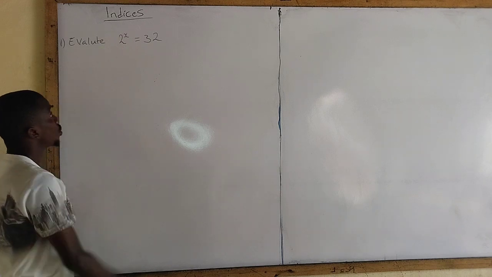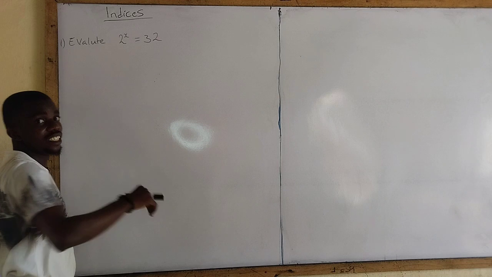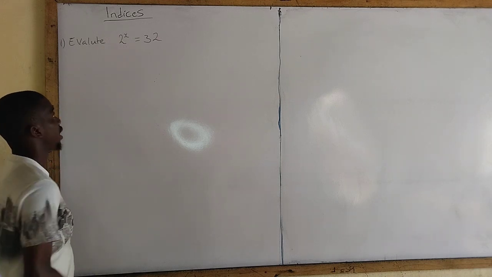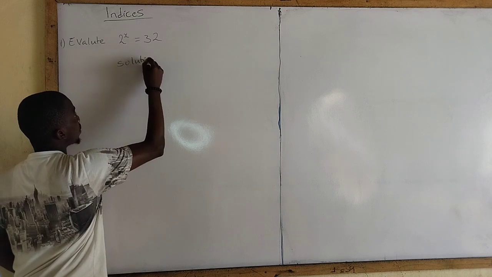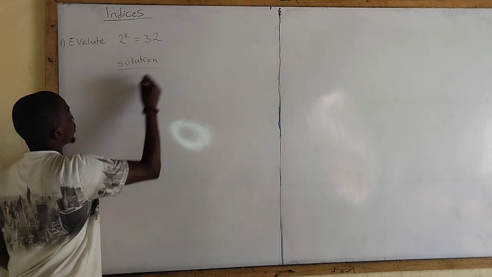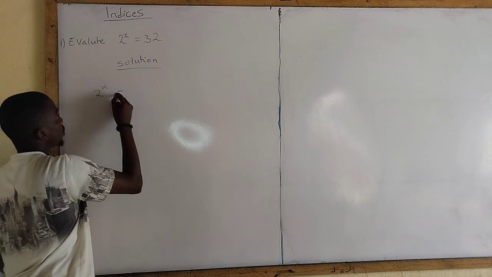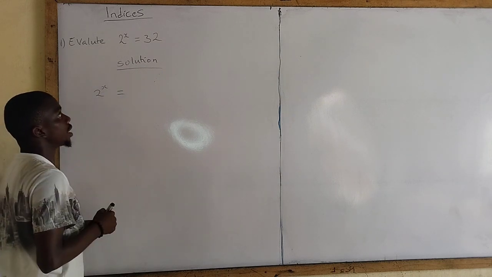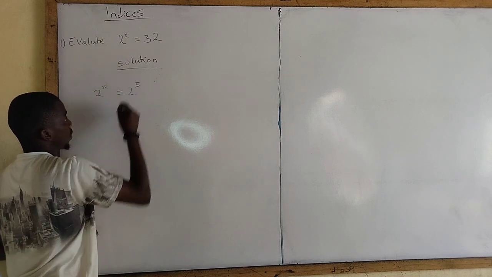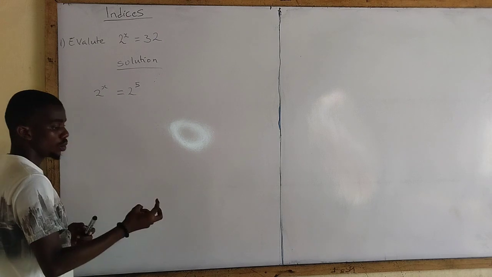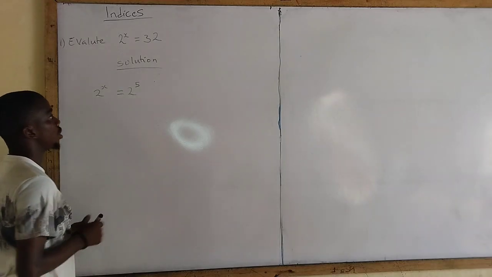To proceed with this question, you have to write 32 first in its index form. So we have 2 raised to the power of x, and the index form of 32 is 2 raised to the power of 5, because 2 times 2 times 2 times 2 times 2 will give you 32.